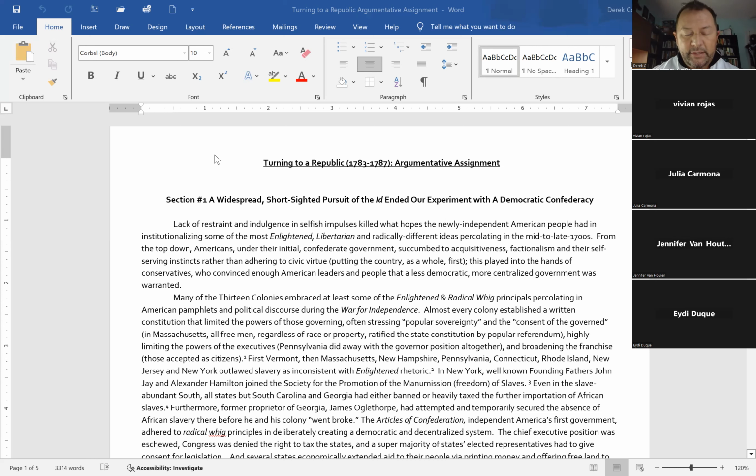But it became such a mess. So many things happened that when it became known that the conservatives were conspiring to put an end to this experiment, and to create something more centralized and less democratic, for better order, Thomas Jefferson fled to France, and that's part of the popular interpretation of great man history of Jefferson.